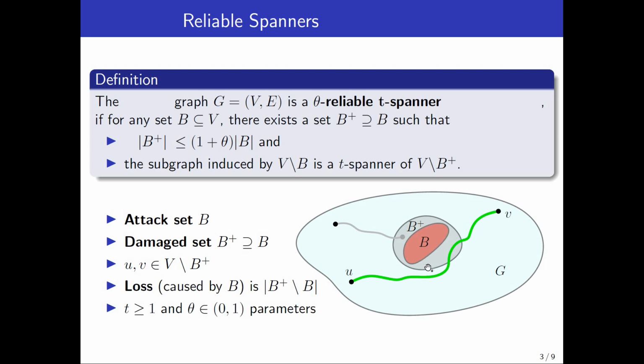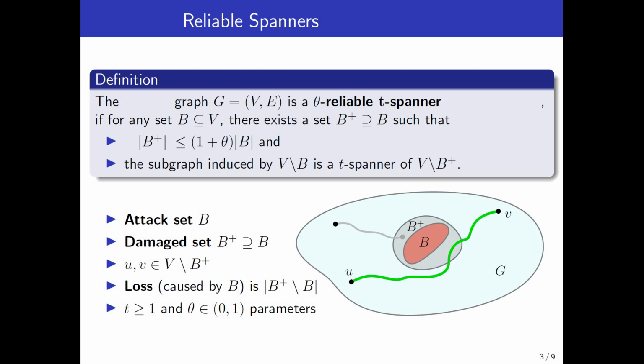We introduce a set B+, the so-called damage set, and we only require t-paths between pairs of points that are outside of this damage set. However, it's important to note that the points that are only damaged but not failed are not deleted from the graph. These points can be still used to maintain t-paths between other vertices.